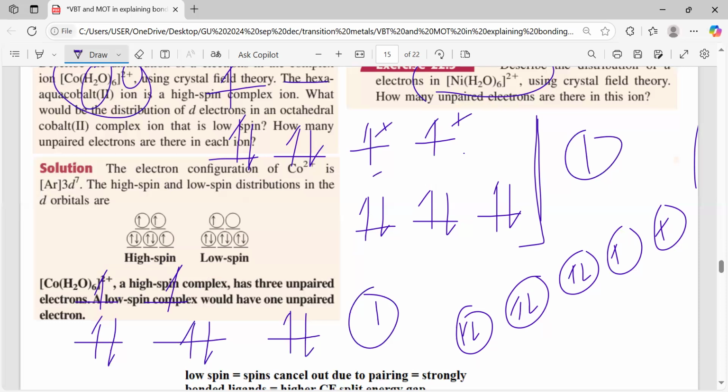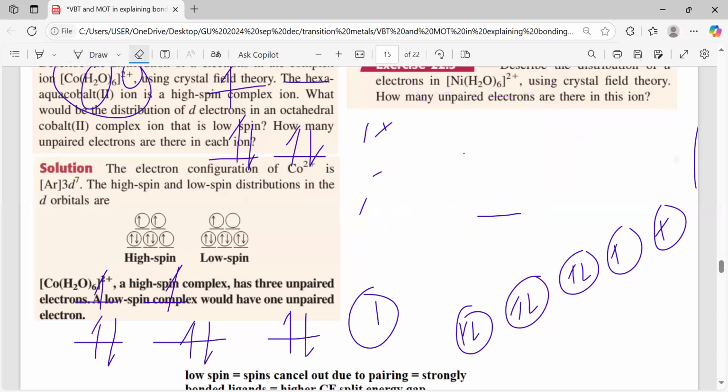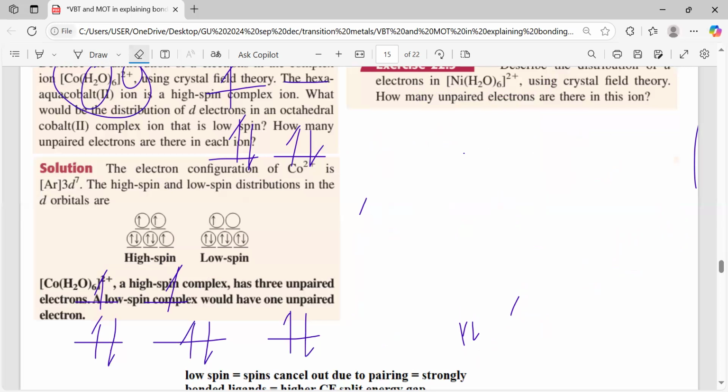Now, I'll ask one question. What if you had a different ligand? If you had a different ligand, then you'll expect a different type of complex.